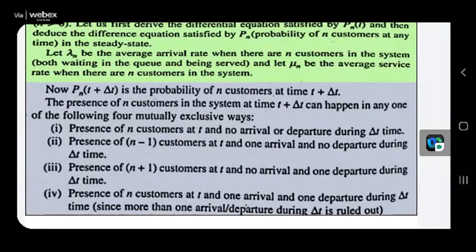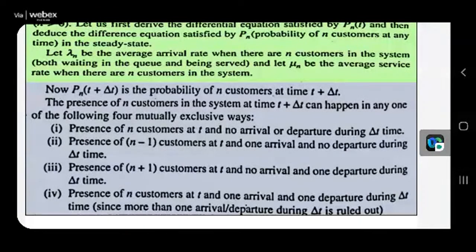What does it mean? It means only these four cases. I have marked 1, 2, 3, 4. Out of these four cases, any one case has happened, so that after the increment in time delta t also, there are only n customers in the system.